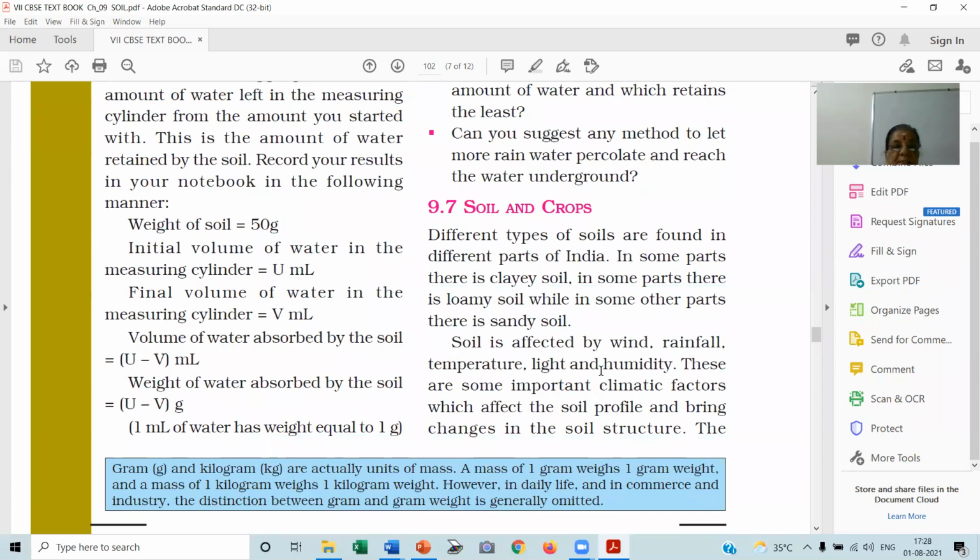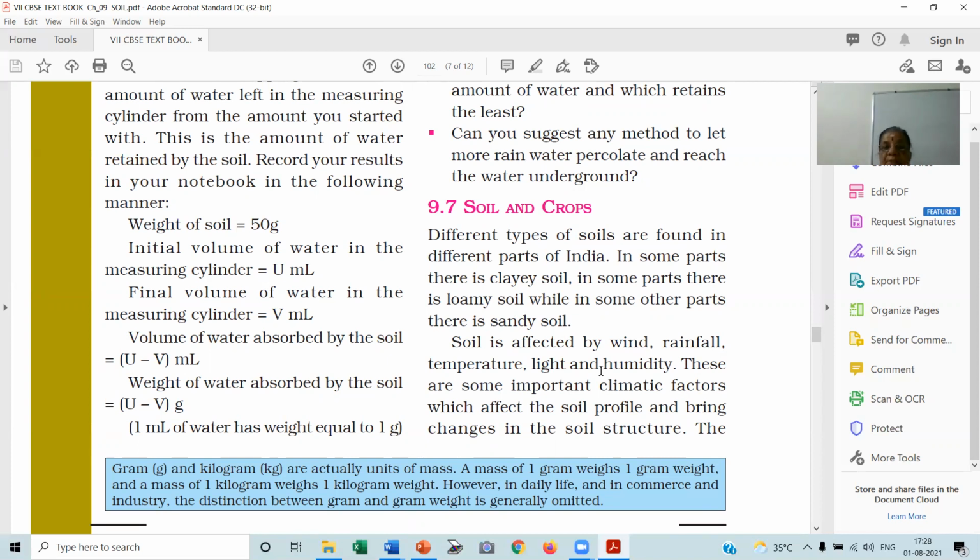Then soil and crops. In the absorption of water, the weight of soil is 50 grams. So for the unit of measurement, the highlighted part, please go through it. Grams and kilograms are actually units of mass.